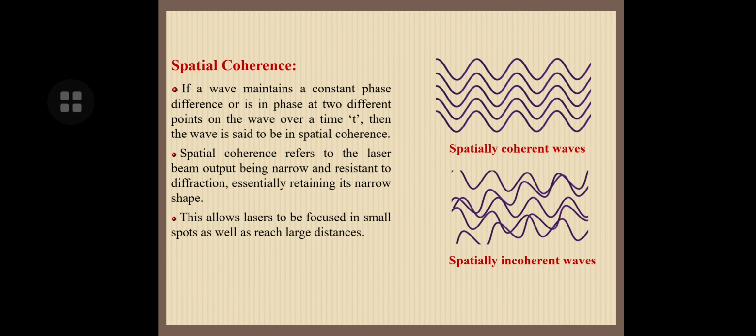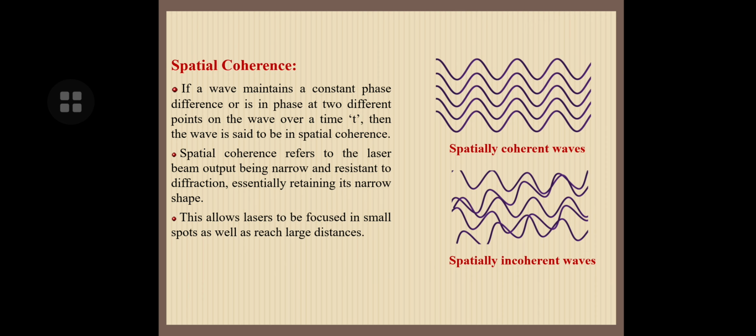The next one is spatial coherence. If a wave maintains a constant phase difference or is in phase at two different points on the wave over a time t, then the wave is said to be spatially coherent.